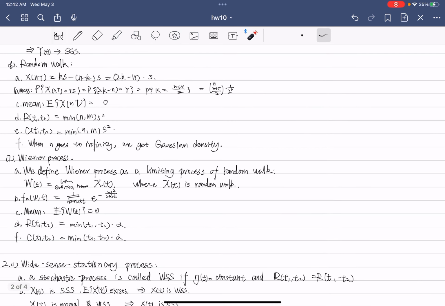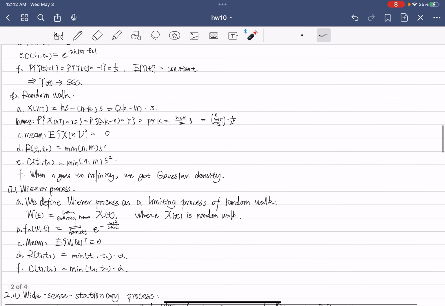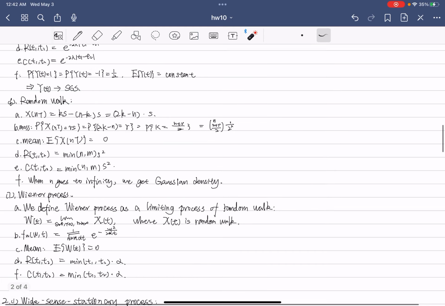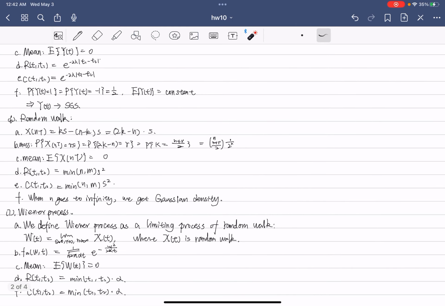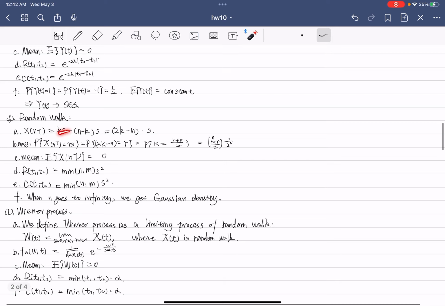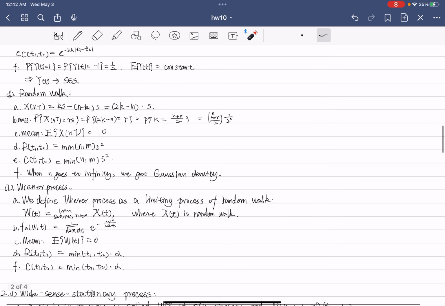The last one defines the process as a limiting process of the random walk, where X(t) is a random walk, s and T go to 0, and n goes to infinity. Now we get the Wiener process.